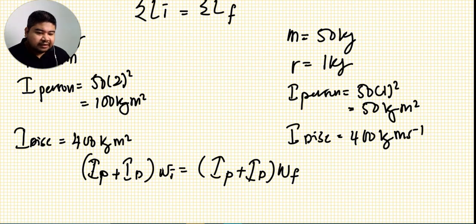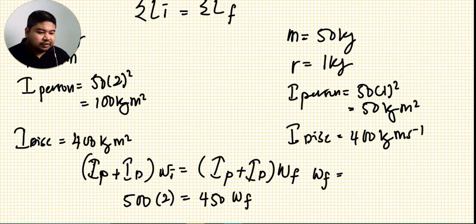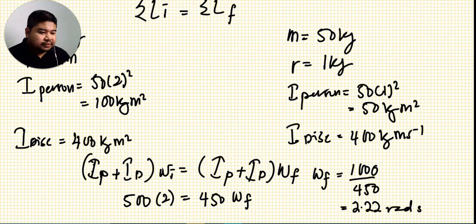So we have 500 times the initial angular velocity, which is 2, equals 450 times omega final. So omega final equals 1000 divided by 450, which equals 2.22 radian per second.